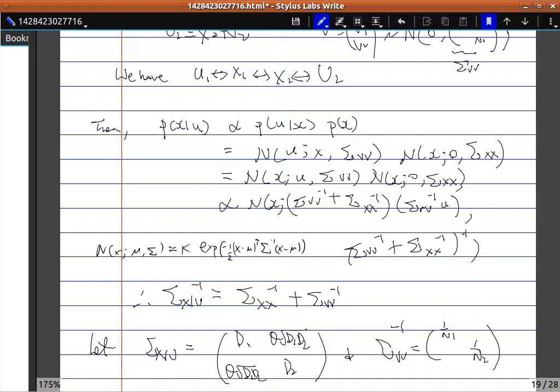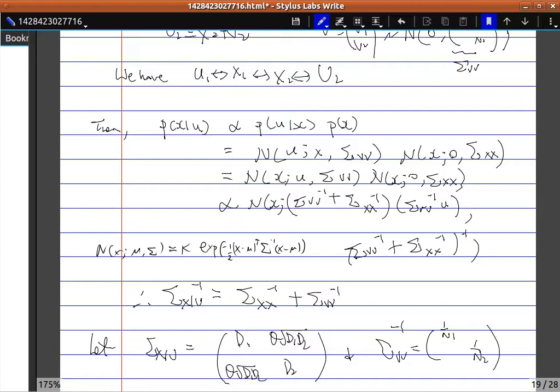Then you can think of the final estimate as having a mean that is a weighted sum of mu and also 0. Actually, there's no 0 term here because 0 multiplied by its weight is just equal to 0. And the covariance is just the inverse of the sum of the inverse covariances.